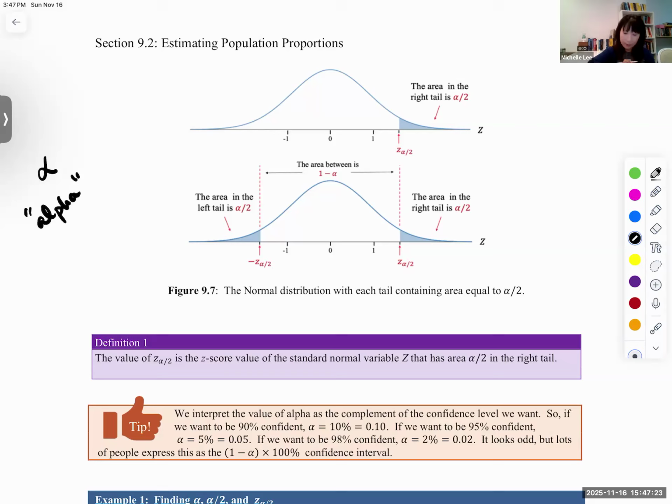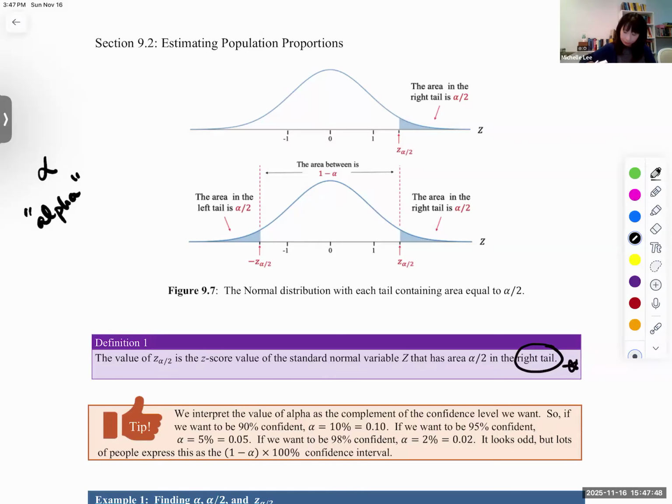So alpha over 2 is the z-score value of the standard normal variable z that has area alpha over 2 in the right tail. Talk about the right tail, okay?